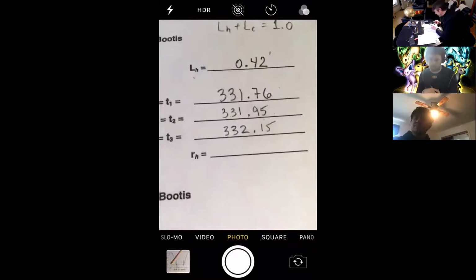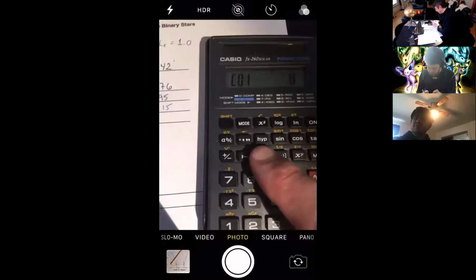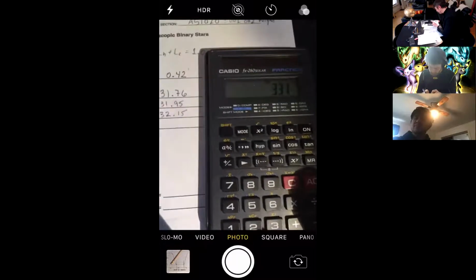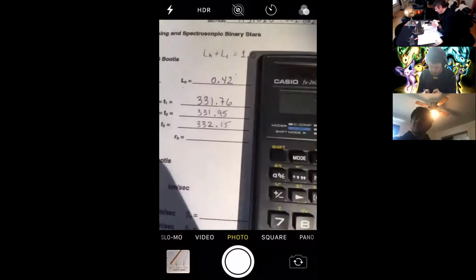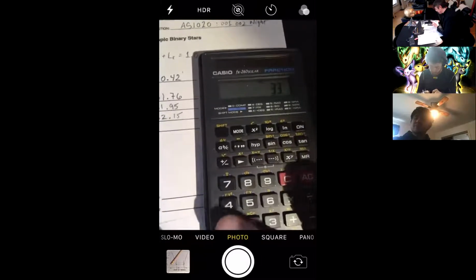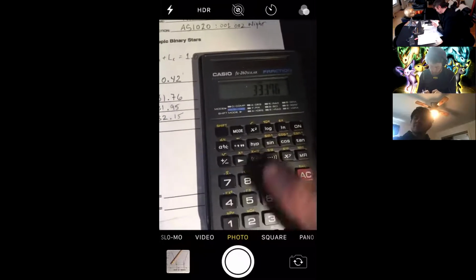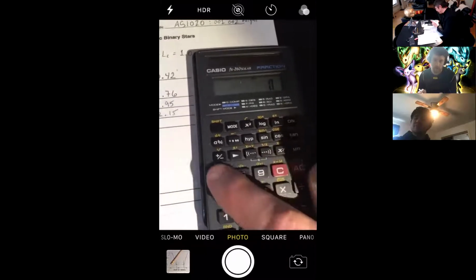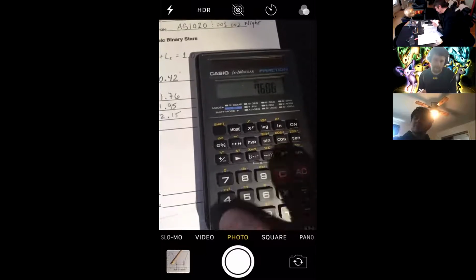Let's do the radius of the hot star. It's the same thing, but this time it's T2 minus T1, okay? Our T2 is 331.95. So we'll do pi times, open parentheses, 331.95 minus 331.76, close parentheses, divided by 7.60614.